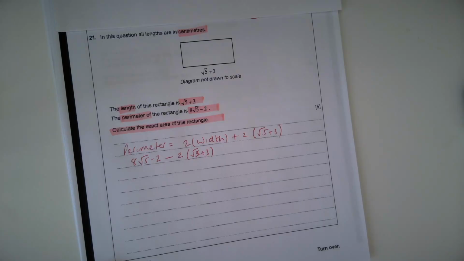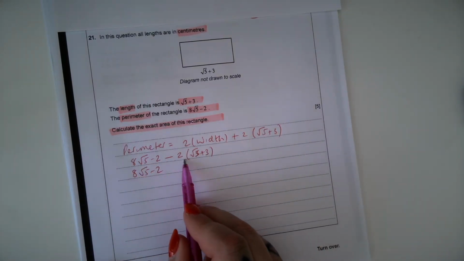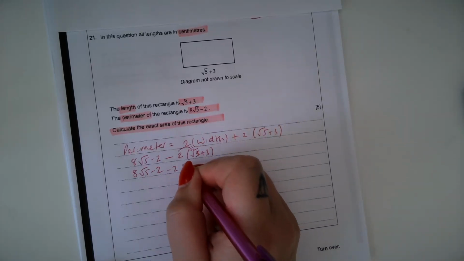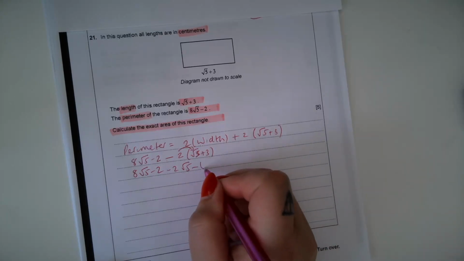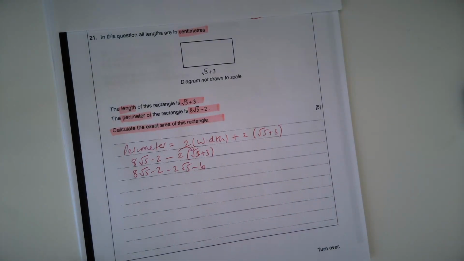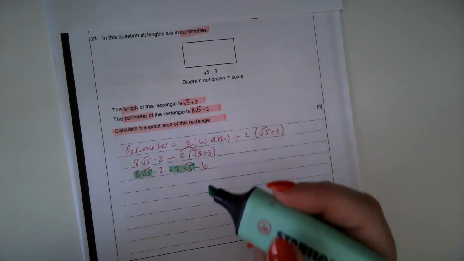This is the important thing now. We're going to expand that bracket and be really careful with our signs. Negative 2 times root 5 is negative 2 root 5. Negative 2 times positive 3 is negative 6. Really be careful with your signs there, guys. Now we're going to collect like terms. We have 8 root 5 subtract 2 root 5.